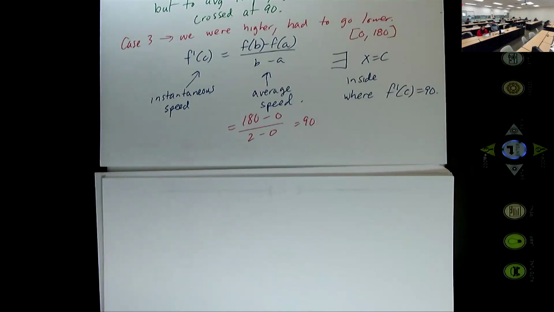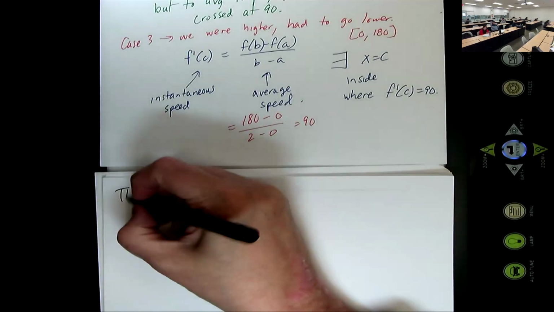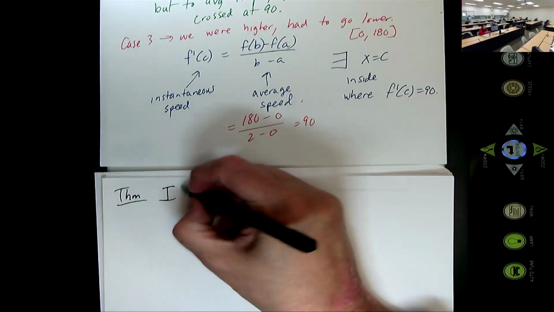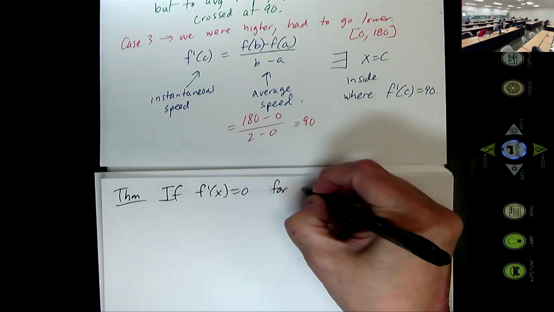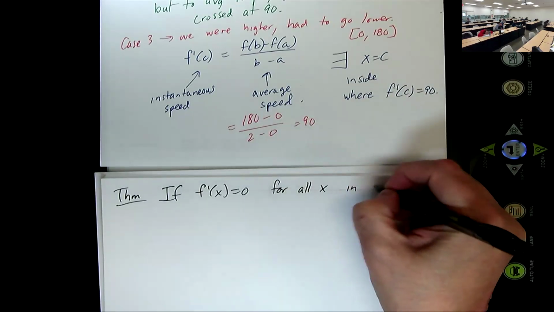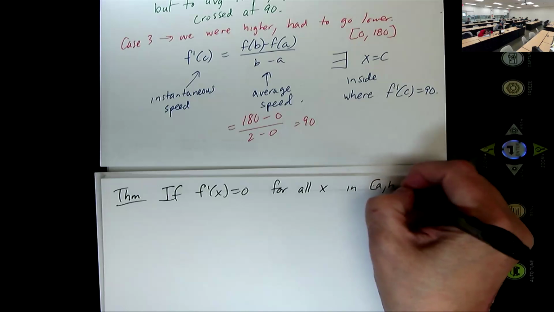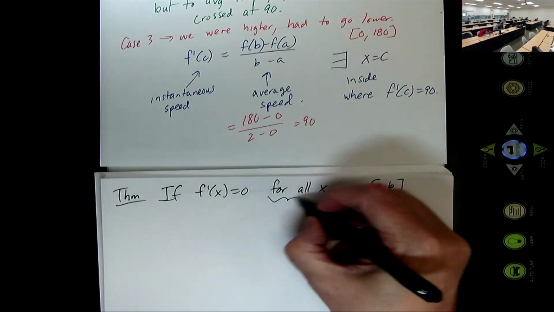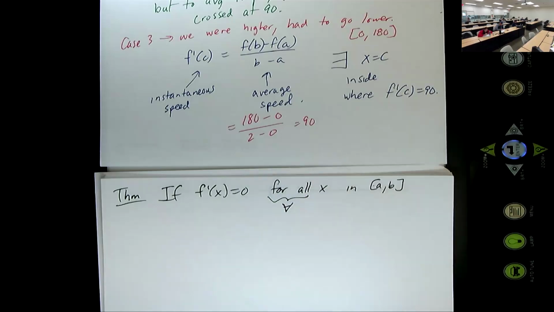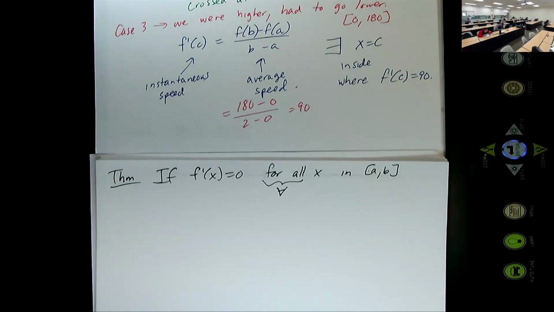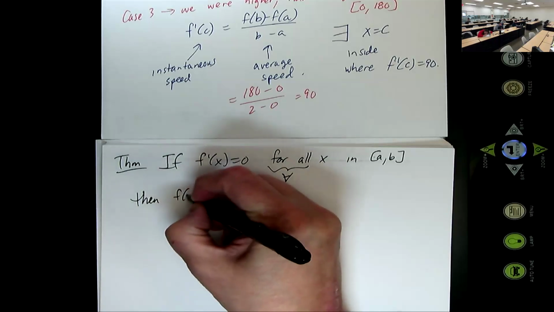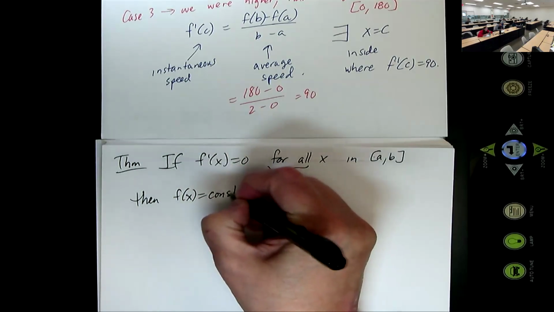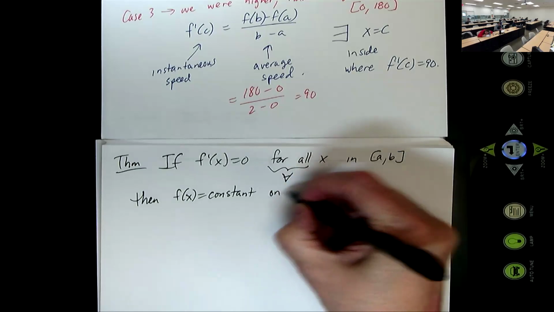The first theorem: if f prime of x equals 0 for all x in AB, the symbol for all is an upside down capital A, that's fun, then f of x is constant on AB.